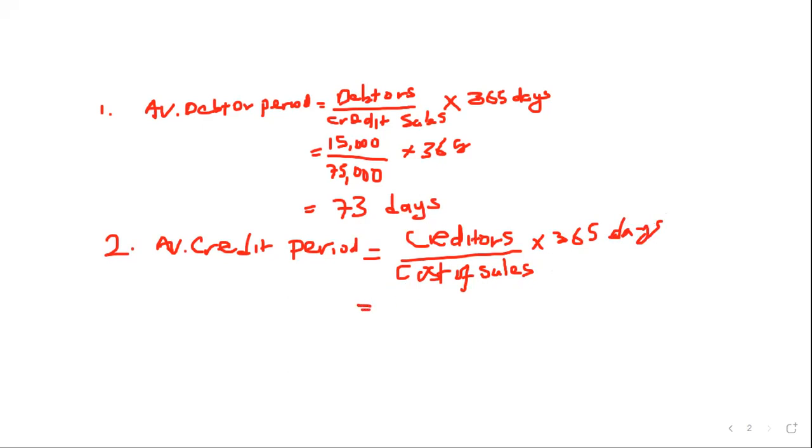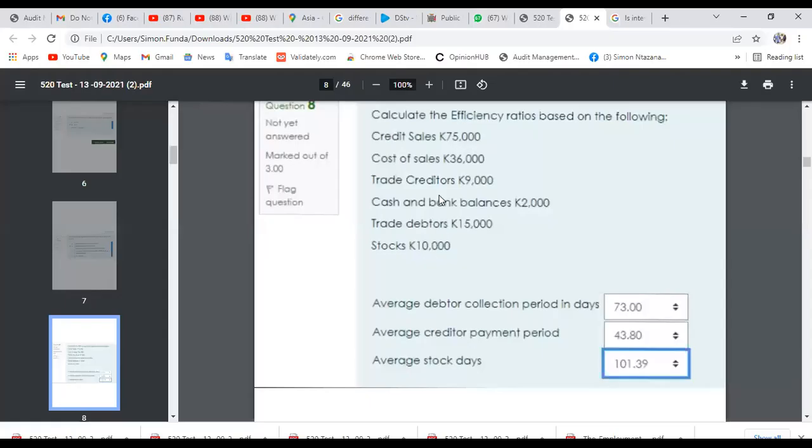Okay, so our creditors, sorry. So creditors 9,000. Then cost of sales 36,000.